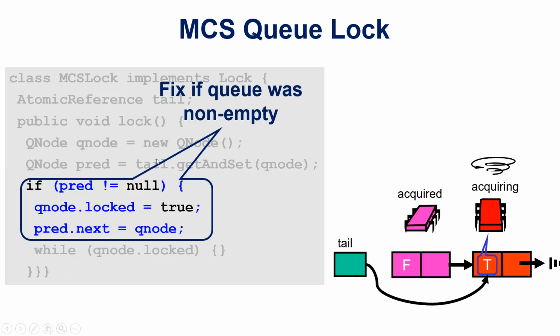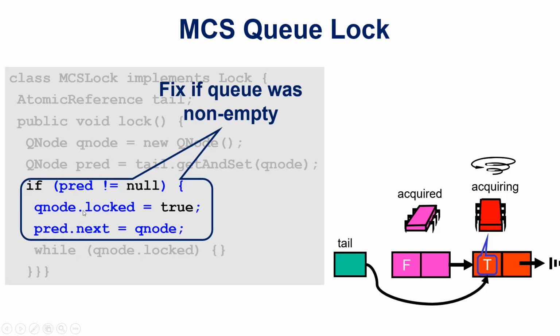Tail will return the previous thread. Here the pink thread is the previous thread, and now tail will be updated to the next thread, which is the red thread. Now, predecessor not equals null: yes, tail is pointing to the pink thread, so it will return the pink thread, and predecessor is not equal to null.